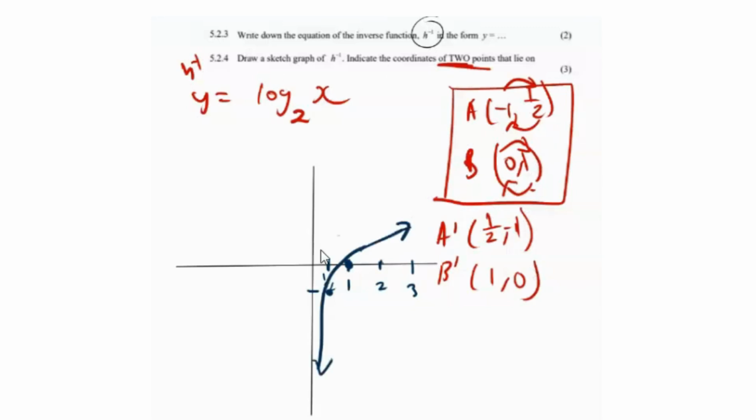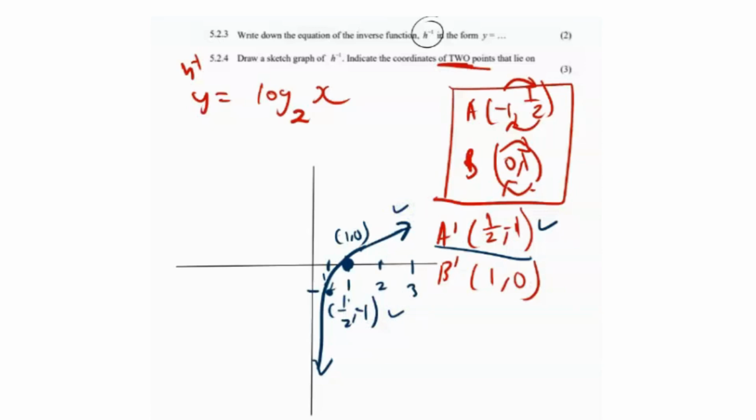So this is how we sketch it. Remember the other one? Let me try to do the previous one, and let me plot it on the same graph. Remember, these 2 are important, the x-intercept and the other point. These 2 are very important.